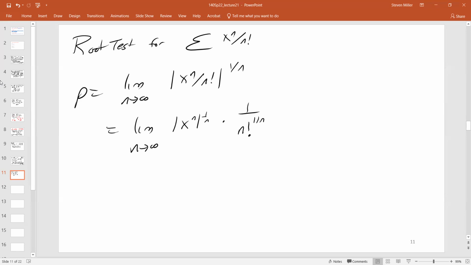Well, what's the absolute value of x to the n to the 1 over n? What does that equal? So I take x, I raise it to the nth power, and I take the nth root. What do I get? Yeah, I just get back to x, or the absolute value of x here. It's the limit as n goes to infinity of the absolute value of x. Now I need to just calculate what is n factorial to the 1 over n.